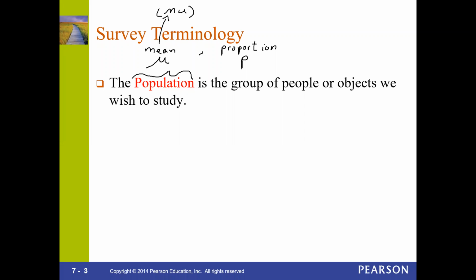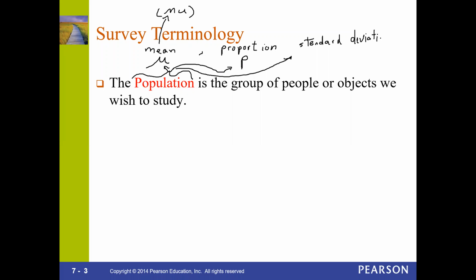So you got the mean, mu. You got proportion, P, and you got a third one that we call standard deviation. We talked about it before.